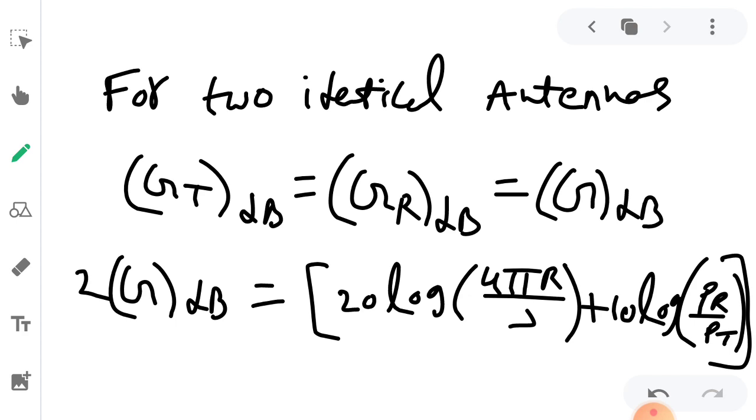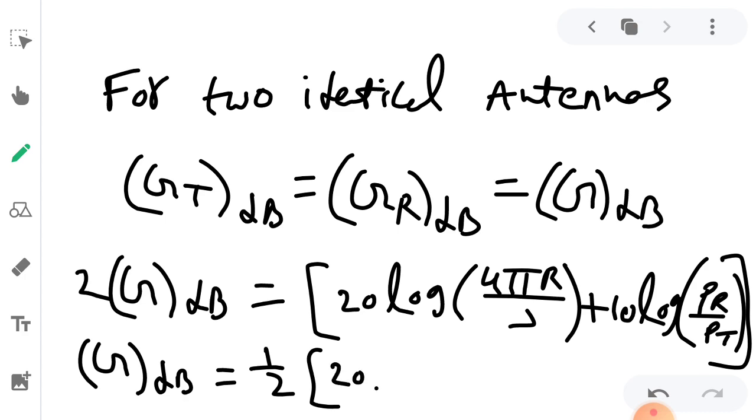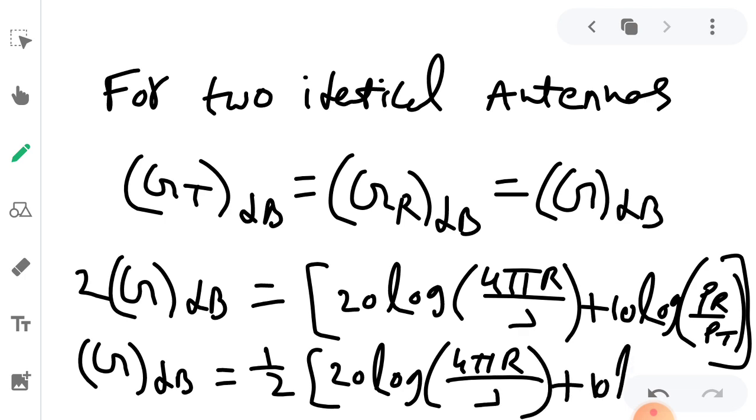So if you bring this 2 on the right hand side, we get finally the gain of the antenna, that is transmitted antenna or receiver antenna, we get the same, 20 log of 4 pi r by lambda, plus here we have 10 log of Pr by Pt. This is the first method in gain measurement, the first method in measuring the gain of the antenna.